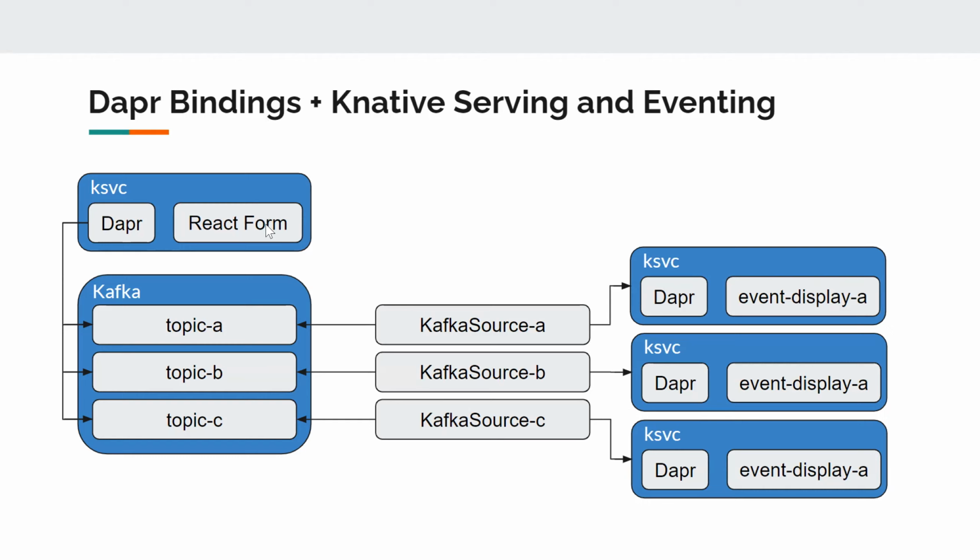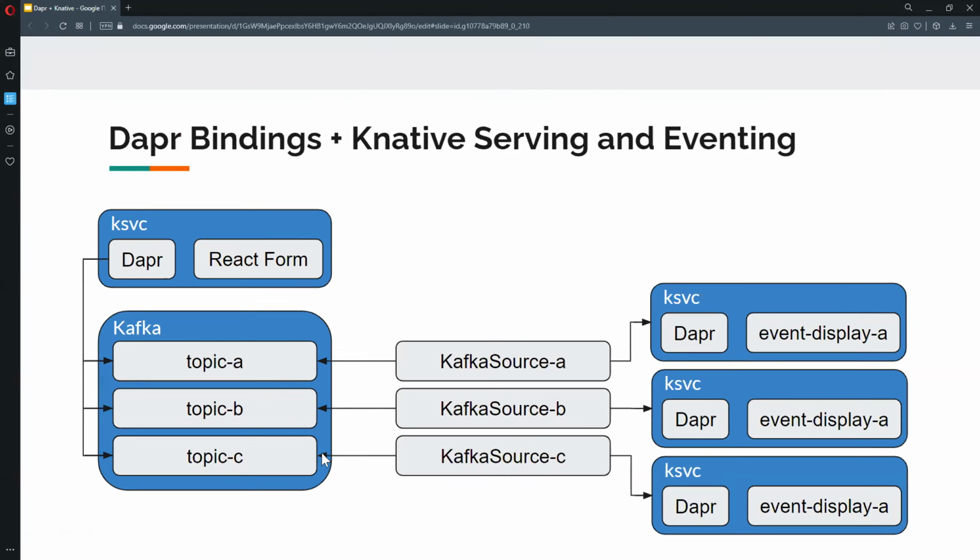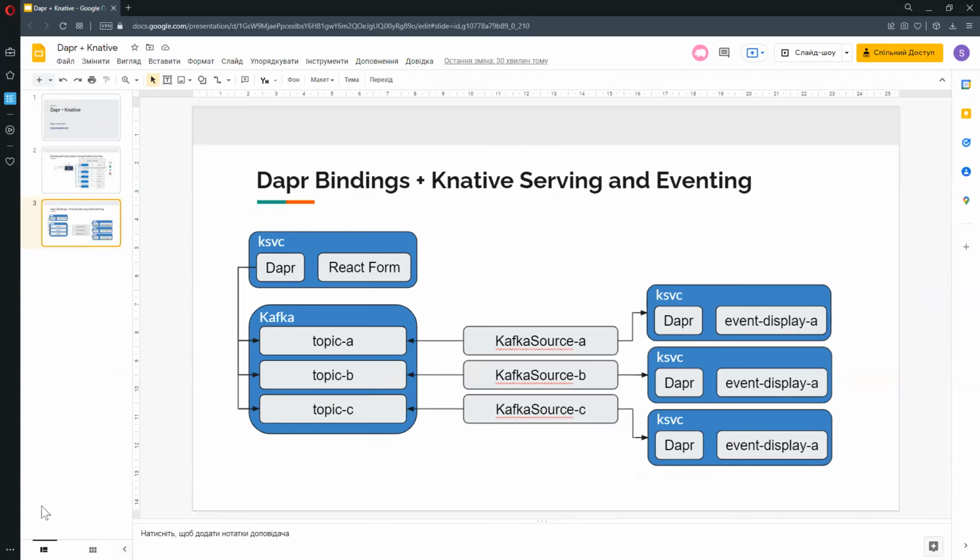I've redone it a little bit to use not PubSub but bindings, and then we will have Kafka to have topics with events, and we will have three different pods which will run depending on at which topic event will arrive. So let me switch to the console.